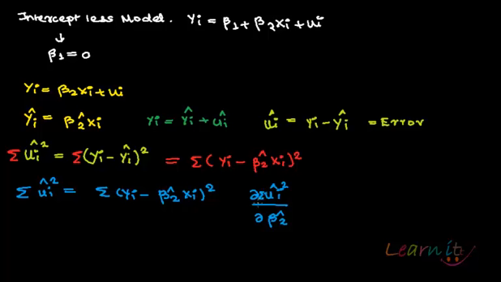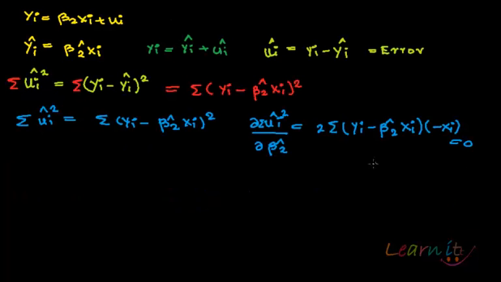Del of summation of ui hat square upon del beta 2 hat is, this 2 will come here, 2 summation of (yi minus beta 2 hat xi), and the coefficient with beta 2 hat is minus xi, is equal to 0.